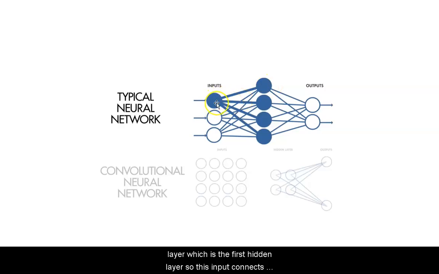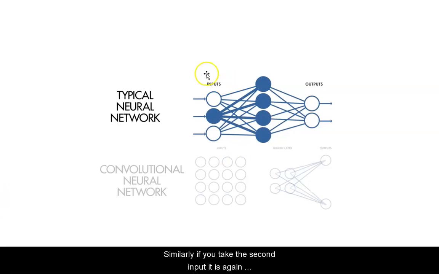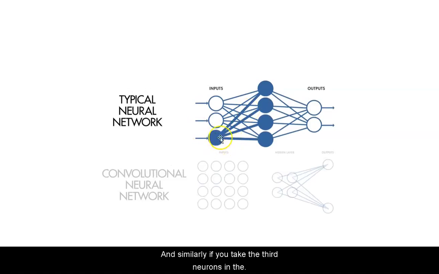So this input connects to here, here, here, and here. Similarly, if you take the second input, it is again connected to all the neurons in the first hidden layer. And similarly, if you take the third neuron in the input layer, it is connected to all the neurons in the first hidden layer.